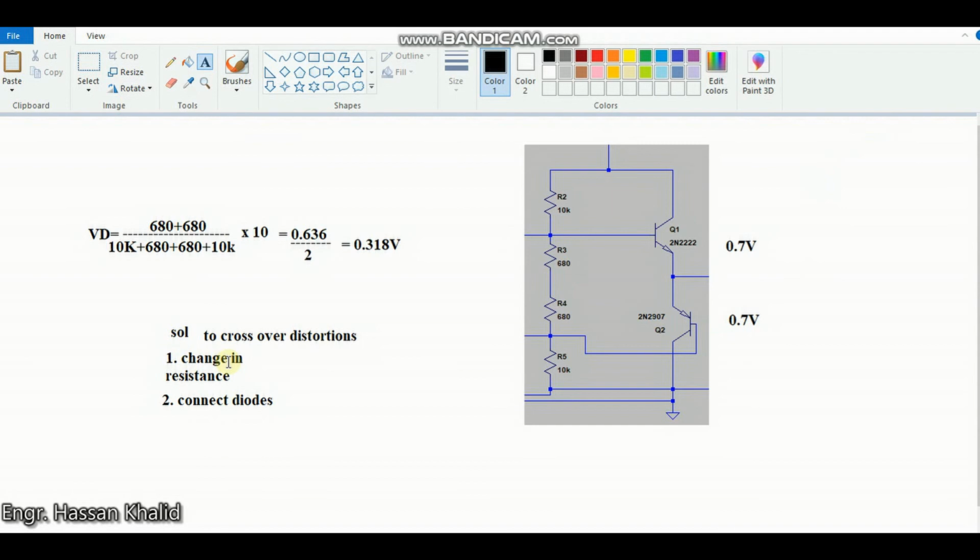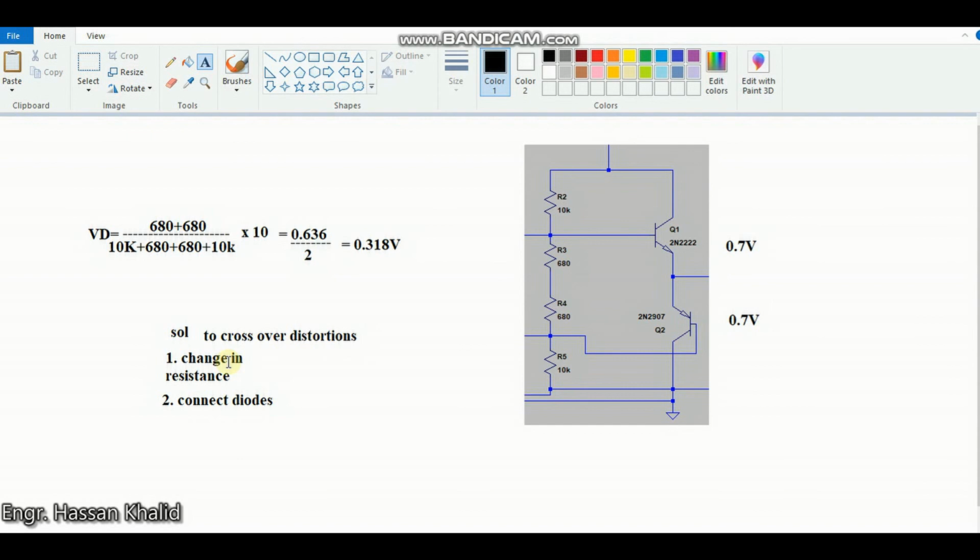But in practical cases, most of the time people are not able to find an exact match of a diode that could be easily matched with the base emitter junction. So this is the main issue when implementing this scheme to reduce the crossover distortion.